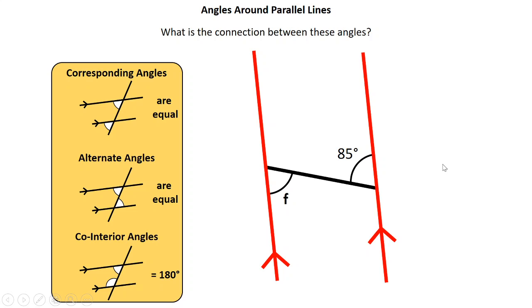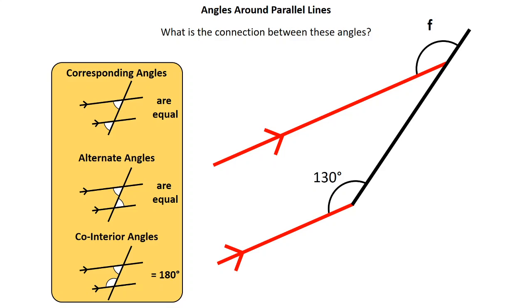Okay, which one is this? 5, 4, 3, 2, 1. Alternate, this is your transversal line. They're on alternate sides of the transversal line, so F would also be 85 degrees because they're alternate angles.